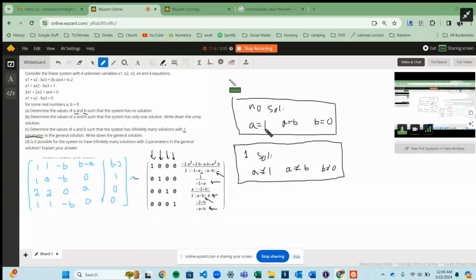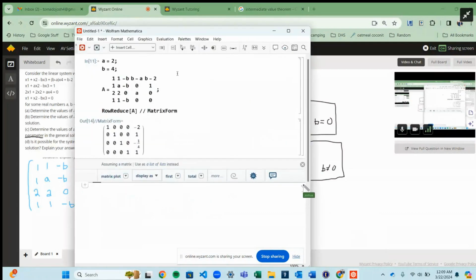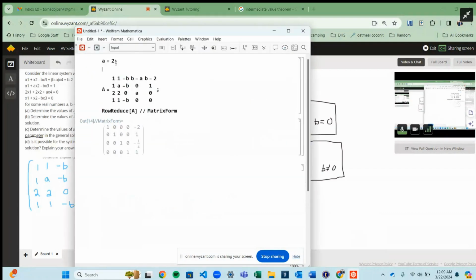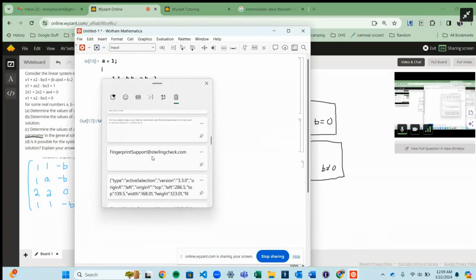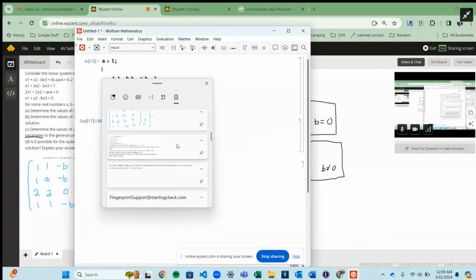So let's say that A does equal 1. Okay, let's see what happens. A equals 1. All right, it still thinks B is something. Okay, so I'm going to clear B. Whoa, look at all those.